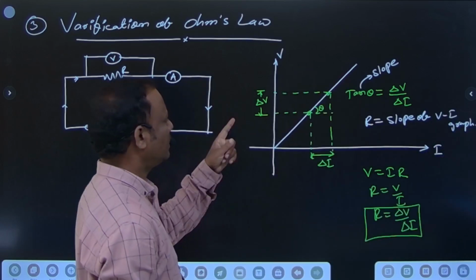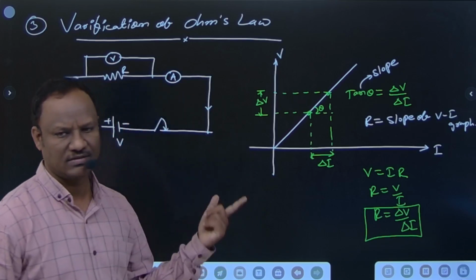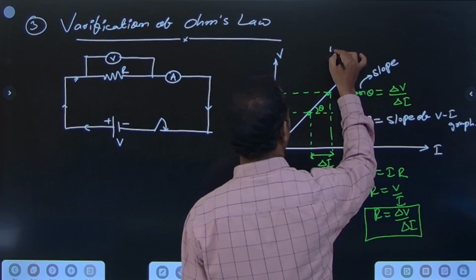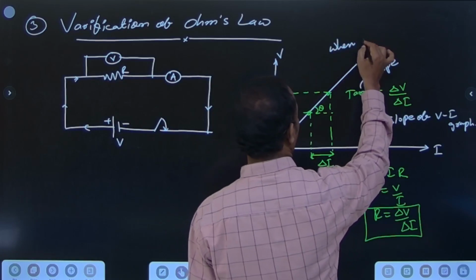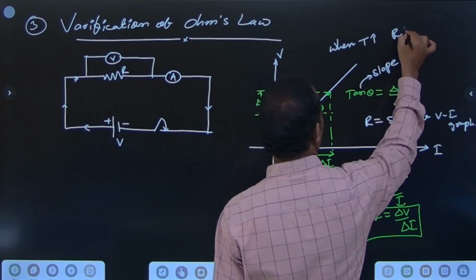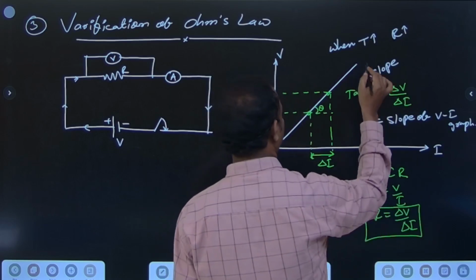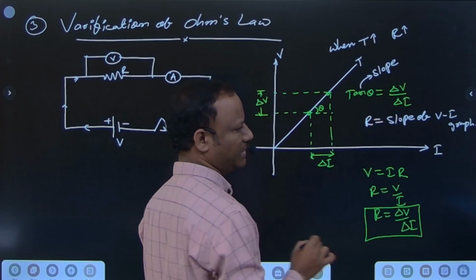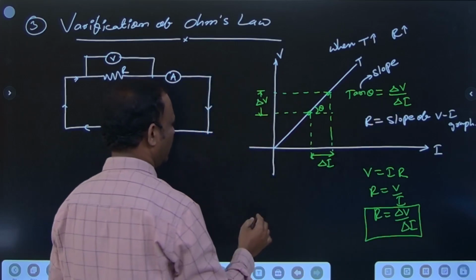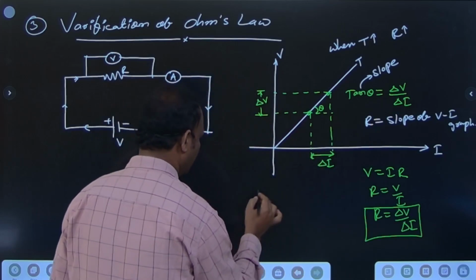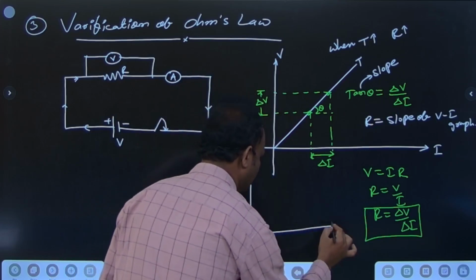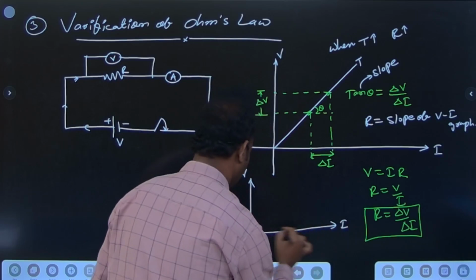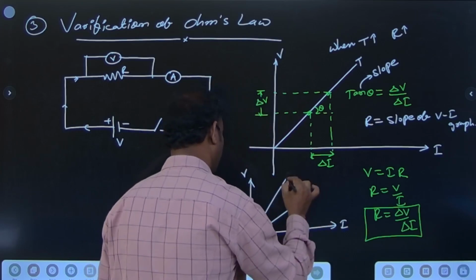When temperature increases, the resistance of a conductor increases. One more point: when temperature increases, resistance increases. For example, graphs for different temperatures will be given. Here it's V versus I, and two graphs are mentioned.